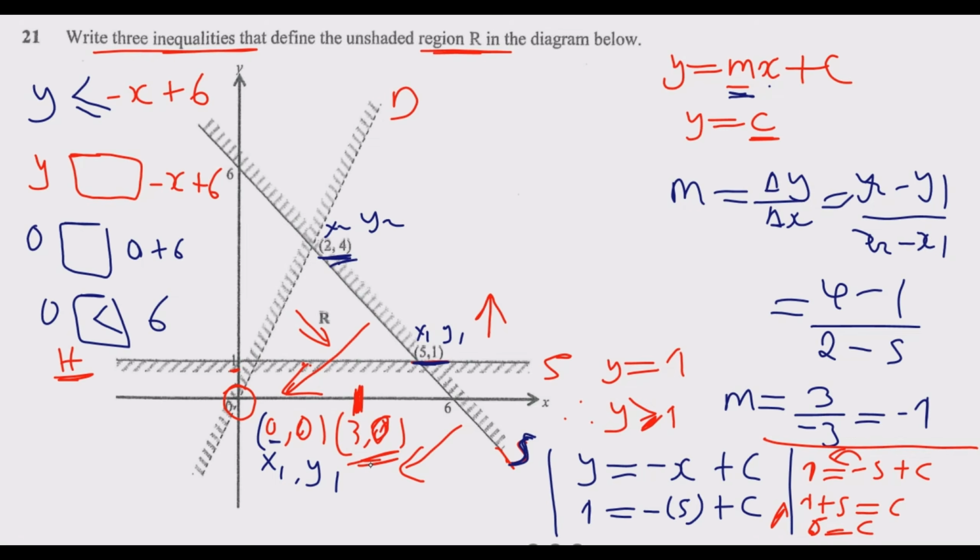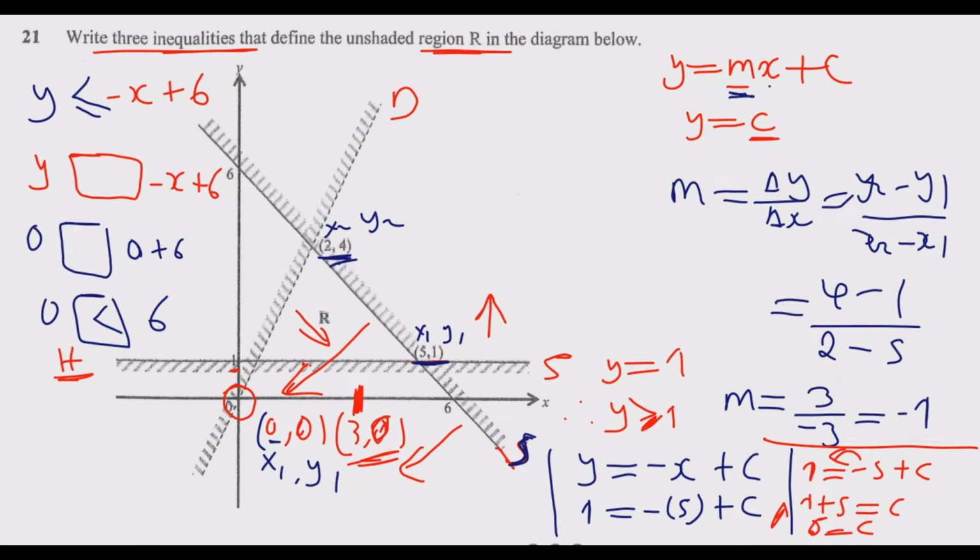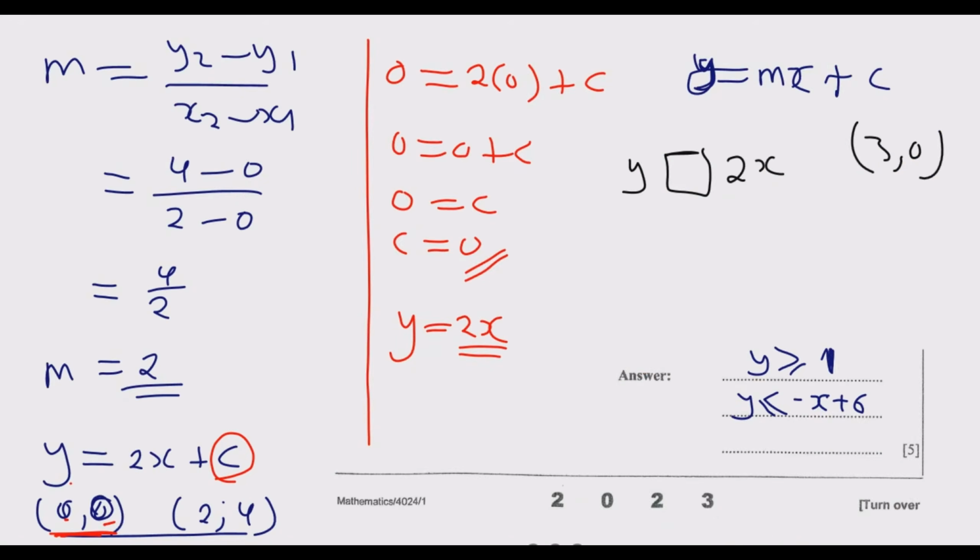Now in this equation I'm going to put a box. Use a black color so that you see that. So we are going to put a box here, then 2x. We've picked (3, 0). Remember, you can pick any point, but it has to be below this dotted line. Any point, you'll still get the same, because we're just trying to get the sign.